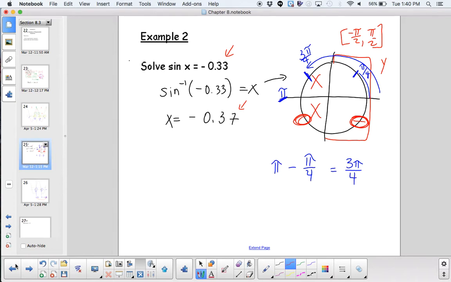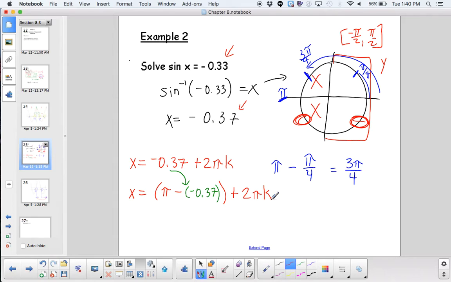Okay, so we have one solution, which we know is negative 0.37 plus 2 pi k, because there are infinitely many of those. And then the second one is going to use pi minus negative 0.37.